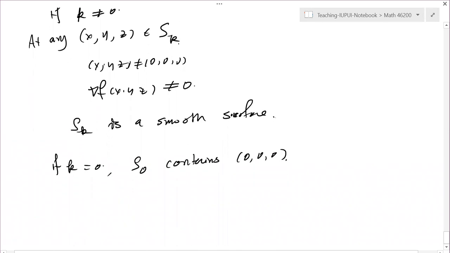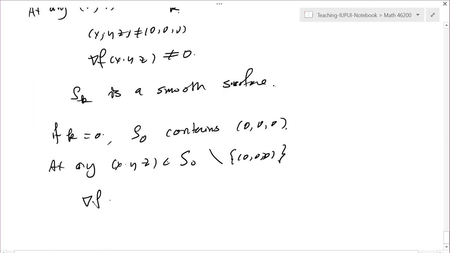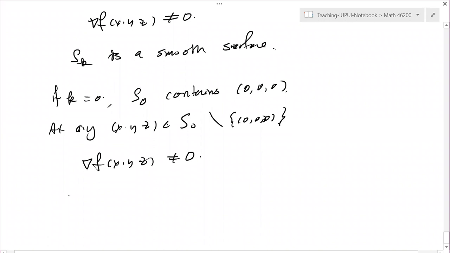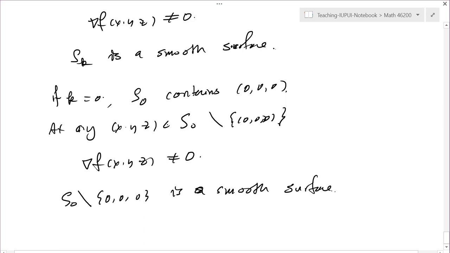If we remove this origin, then at any point which is not the origin, the gradient is not 0. So you can say that away from the origin, this is a smooth surface.